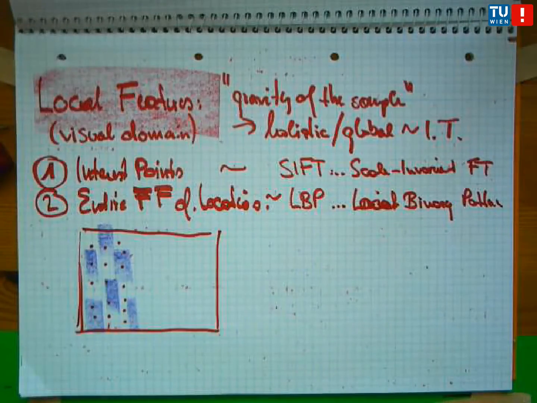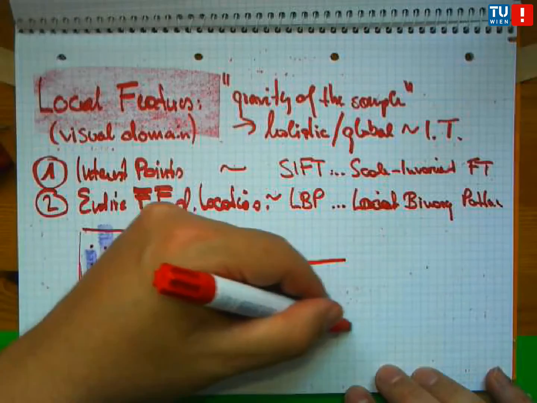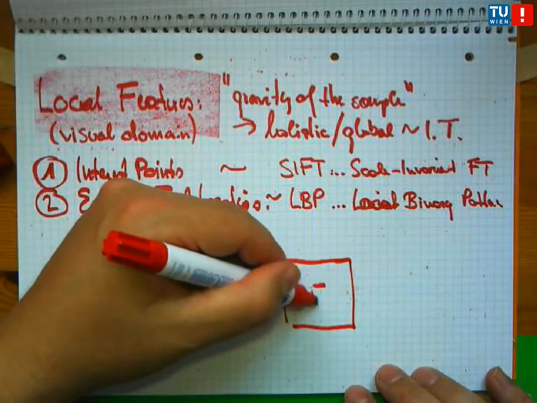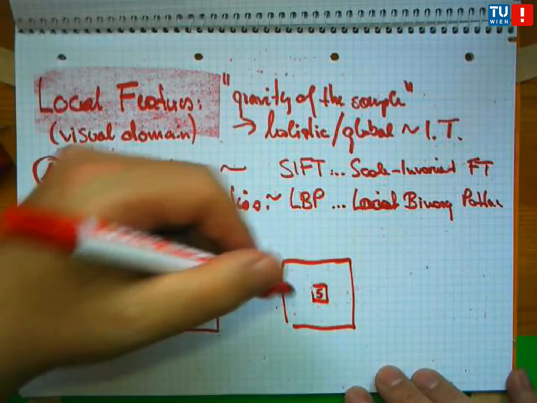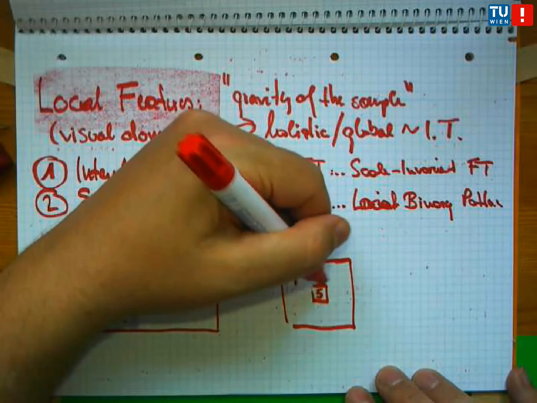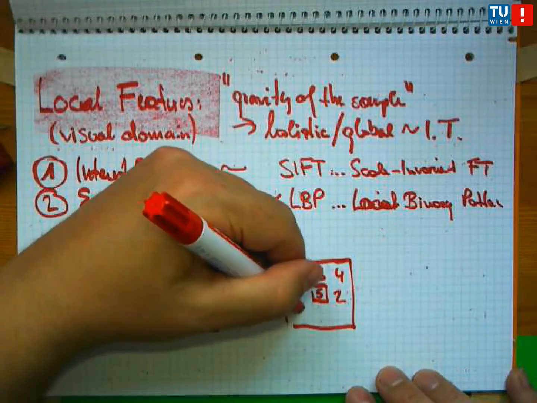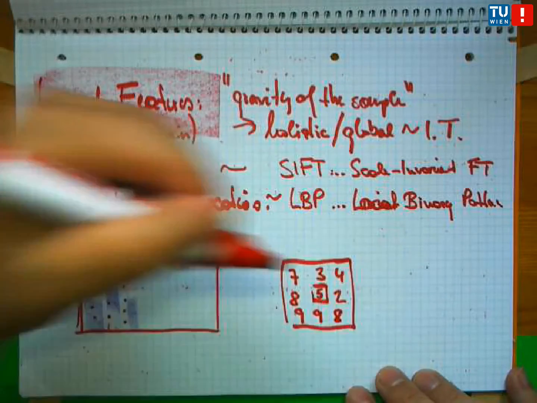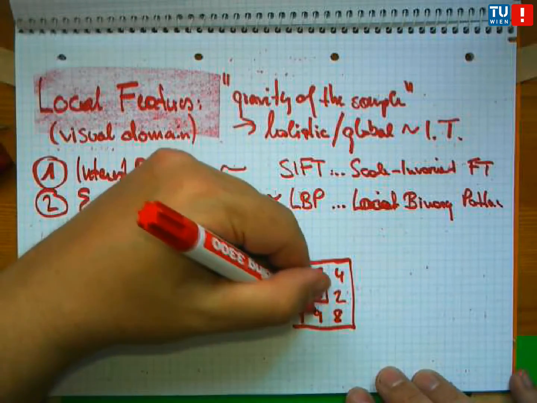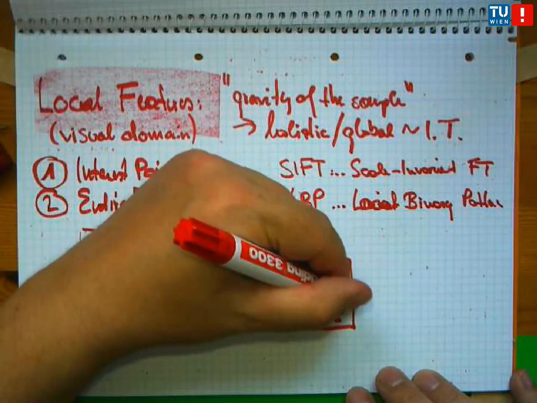Okay. Alternatively, the idea of the local binary patterns is to take 3 by 3 neighborhoods, put out the center, and then for the 8 neighbors compute whether the neighbors are smaller or larger than the center.